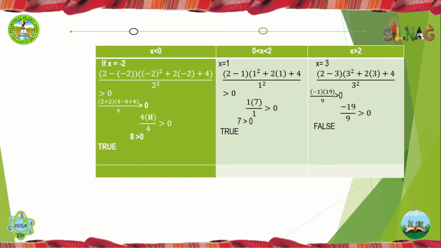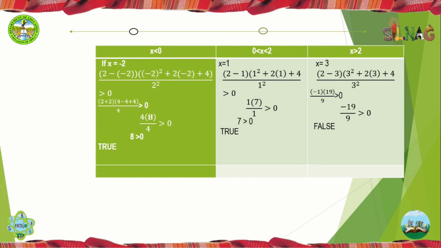Then we have the third column as x is greater than 2. So we try 3. Now we substitute the quantity of 2 minus 3 times the quantity of 3 squared plus 2 times 3 plus 4 over 3 squared is greater than 0.